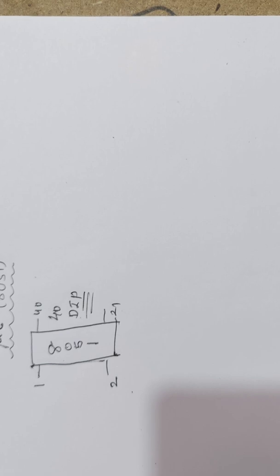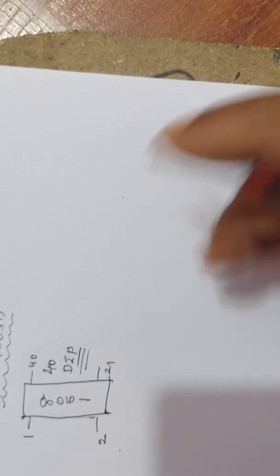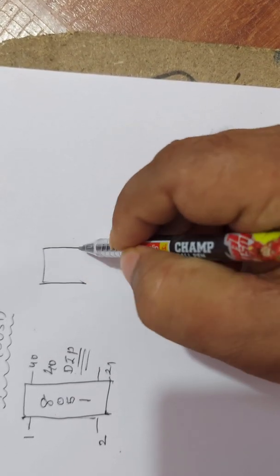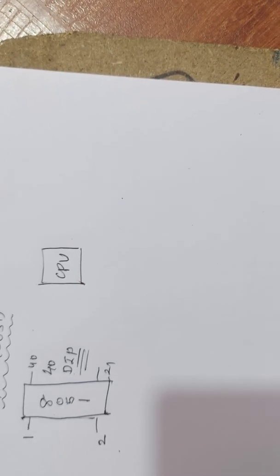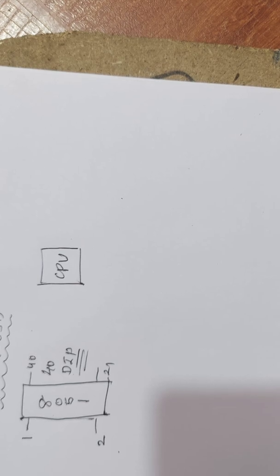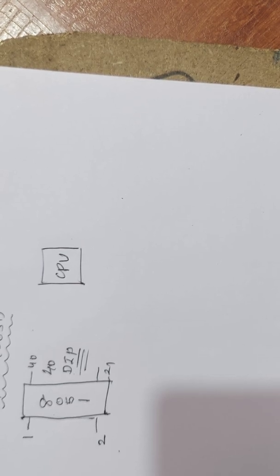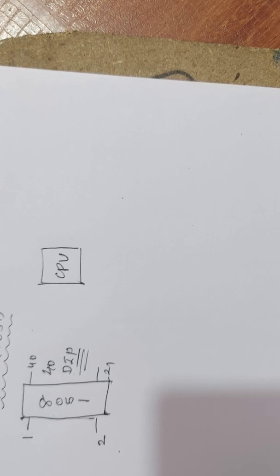So microcontroller is nothing but a computer. Therefore, it should have all the features of a computer and all the parts of a computer. What does a computer have? A computer has a main unit known as the central processing unit. This central processing unit is used to process all the features, and it works on the principle of binary instructions only.